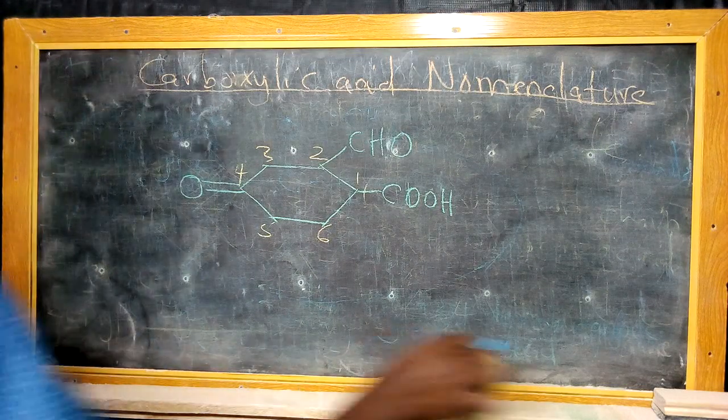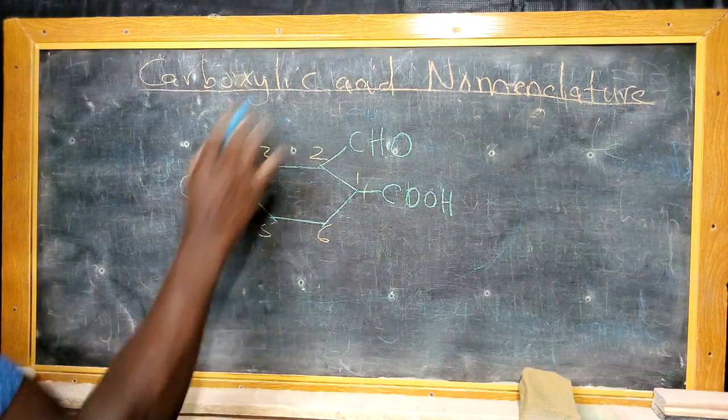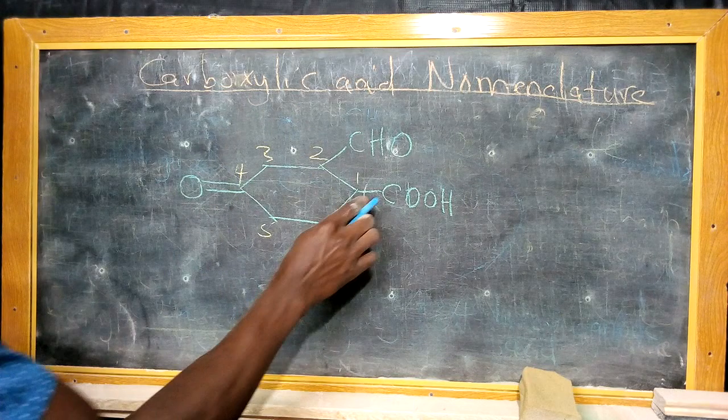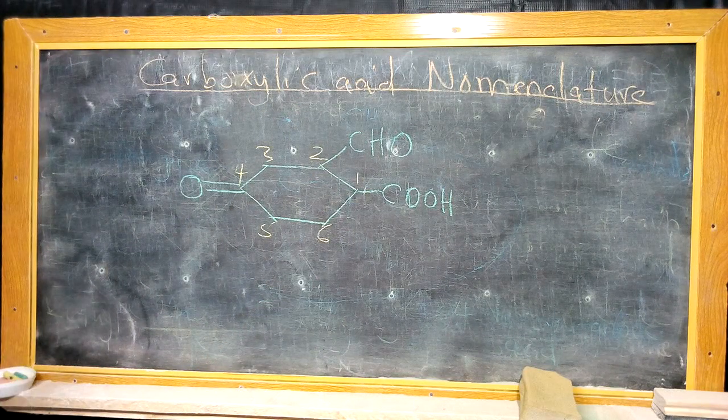So the name of the compound will be, and this is a 6-ring compound, which is a single bond, it's a hexane. It's a cyclohexane.